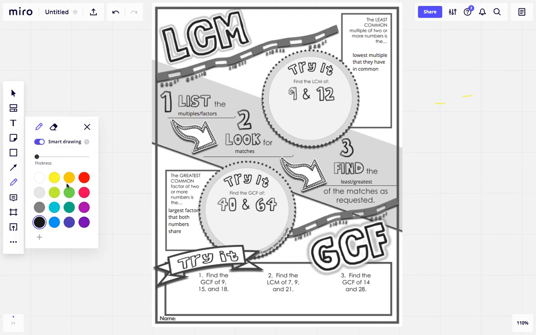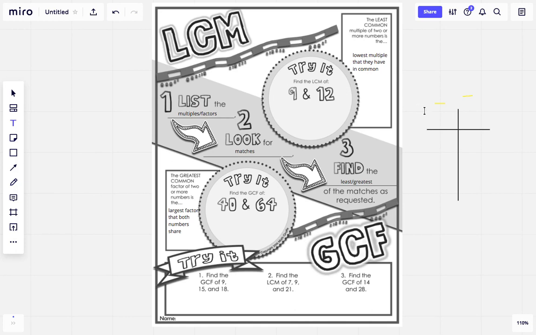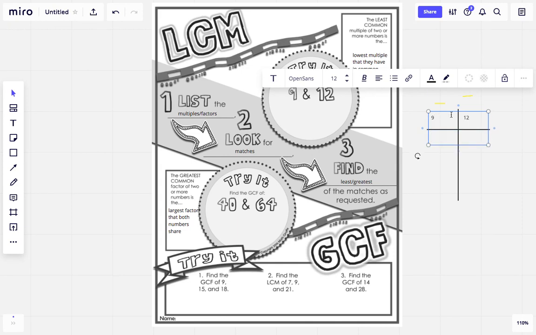So there are a couple of ways to find these. So let's start with the least common multiple. So I'm going to make a T-chart to help me to keep these organized. So on one side, I'll have 9. On the other side, we'll have 12. So we'll list out multiples of 9.